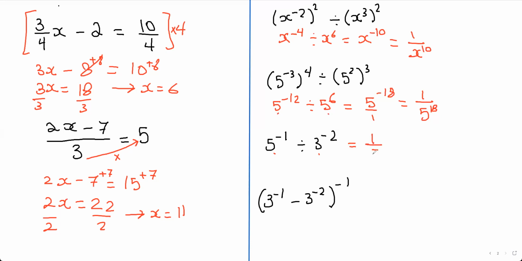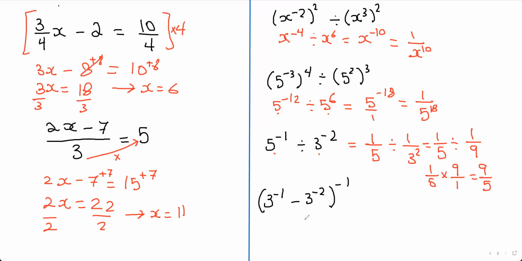So this becomes 1 over 5 to the power of 1 divided by 1 over 3 squared, which gives me 1 over 5 divided by 1 over 9, which gives me 1 over 5 times 9 over 1, because for division, you change it to multiplication, and you flip the divider. Now we end up with 9 over 5 as my final answer.